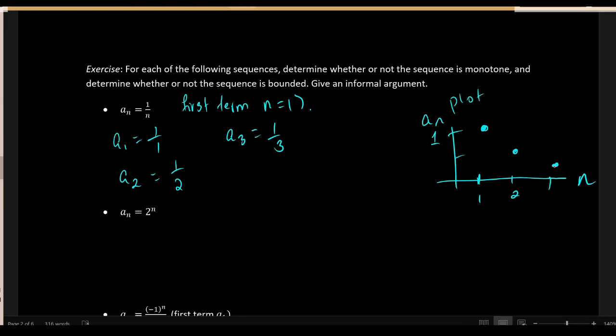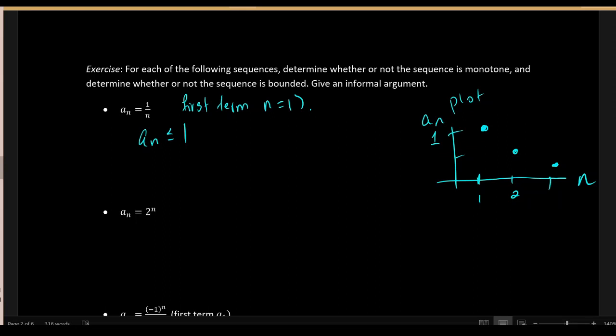So the first thing that I'm going to note is that all the values in this sequence are going to have to be less than or equal to 1, because I'm always dividing 1 by some number.